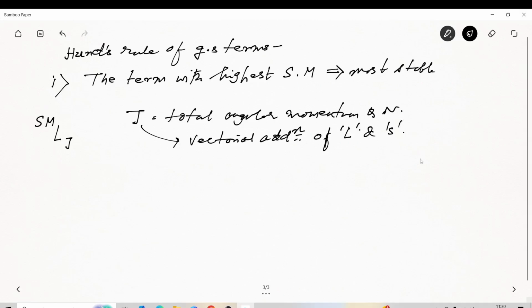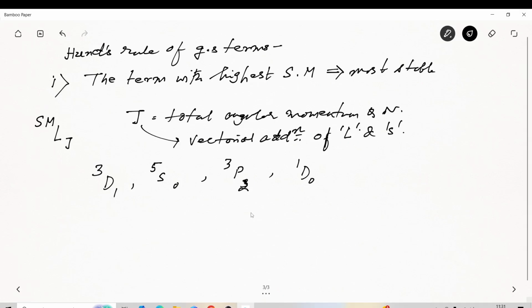So suppose among a few ground state terms, we have triplet D1, quintet S0, maybe triplet P3 or triplet P2, but singlet D0 and so on.